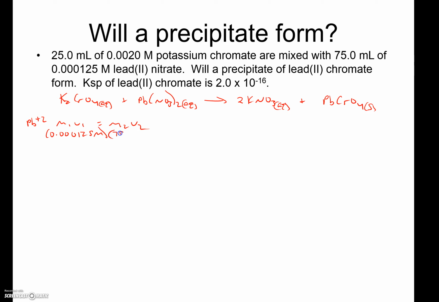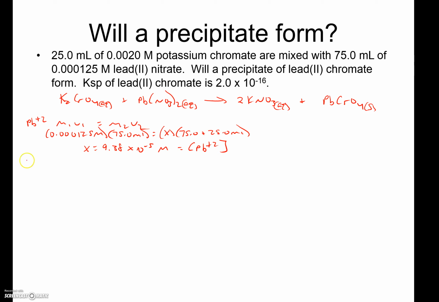The original volume is 75 milliliters. What will the molarity be when our volume is 75 plus 25 milliliters? So we're going to get a concentration of lead nitrate of 9.38 times 10 to the minus 5. And for every 1 mole of lead nitrate, we're going to have 1 mole of lead ions. So that's also going to be the concentration of lead ions in our new solution.